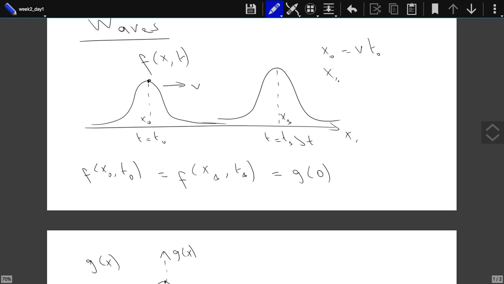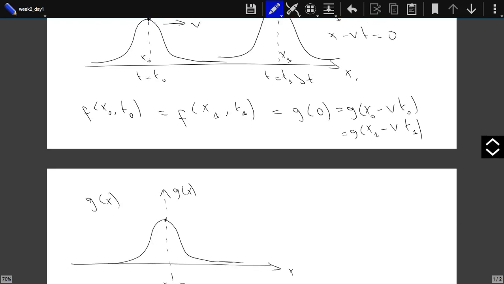x1 is just v times t1. So basically, x minus vt is always 0. So this g of 0 is actually nothing but g of x0 minus v t0, or g of x1 minus v t1.